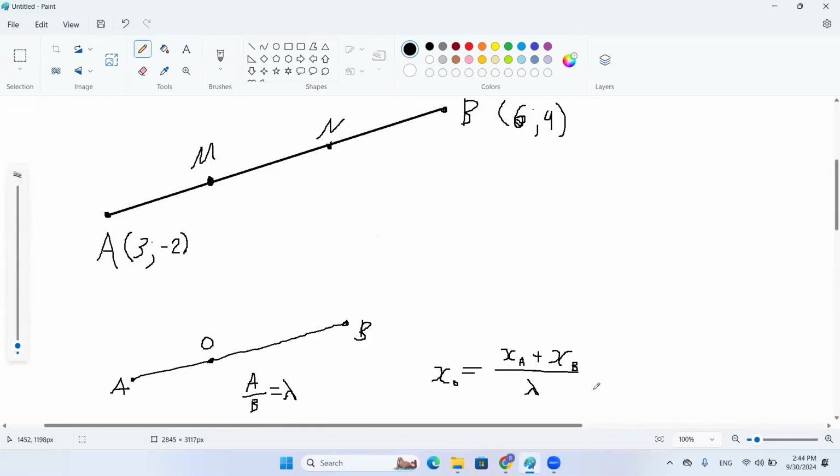Oh no, mistake, just a moment. So confusing a little bit. I need to multiply by lambda xB, and here 1 plus lambda. So just in this way: xA plus lambda xB over 1 plus lambda. So lambda 1 equals 1/3.